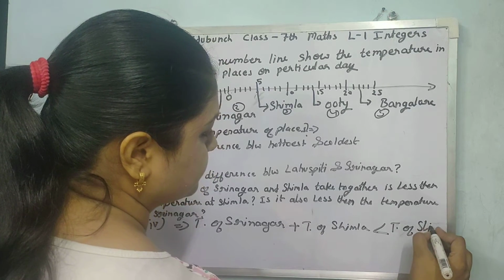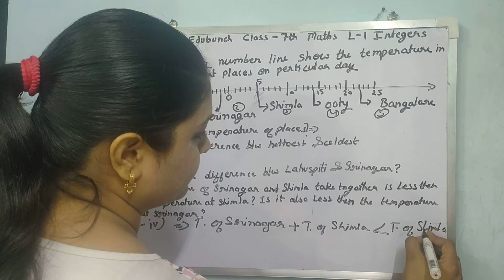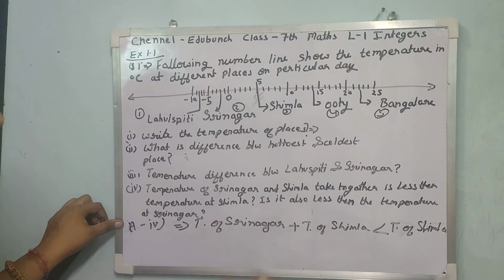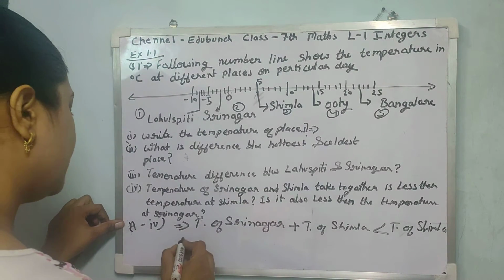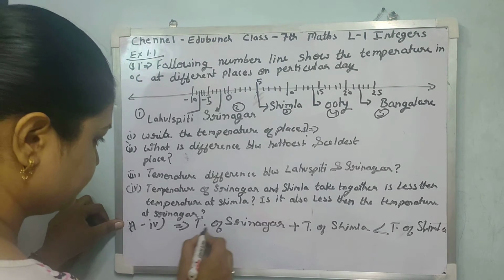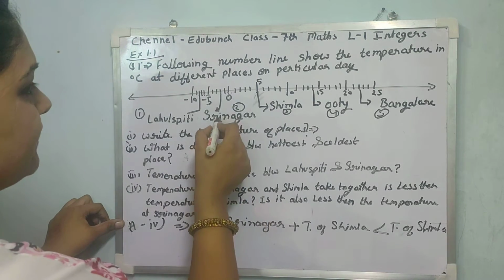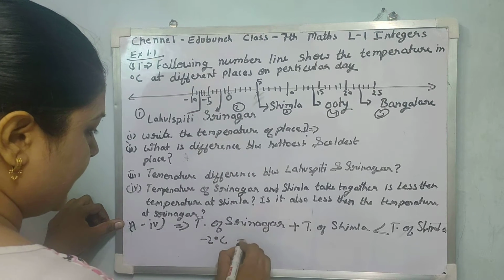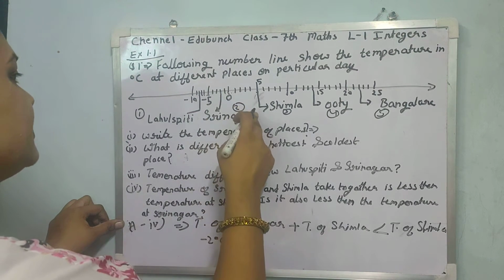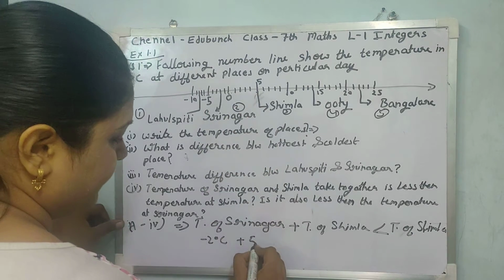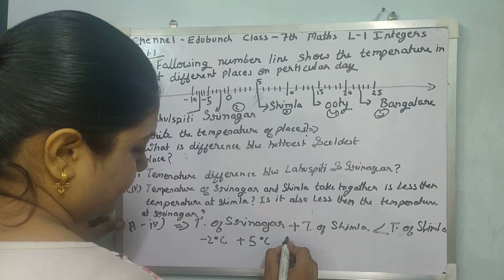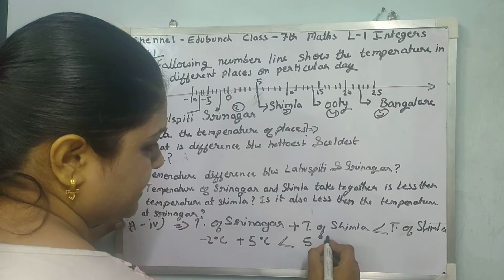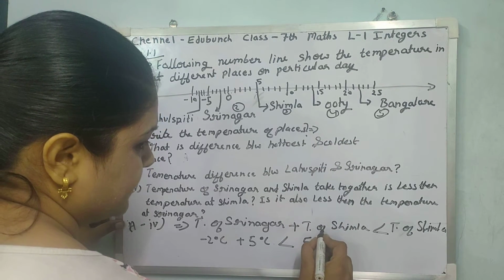We have to verify this, whether the statement is true or false. So we add: the temperature of Srinagar is minus 2 degrees Celsius plus the temperature of Shimla, 5 degrees Celsius, is less than the temperature of Shimla, which is 5 degrees Celsius.